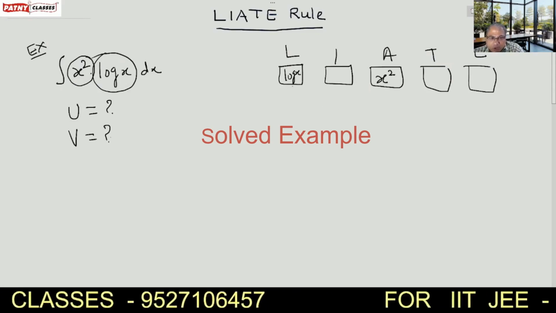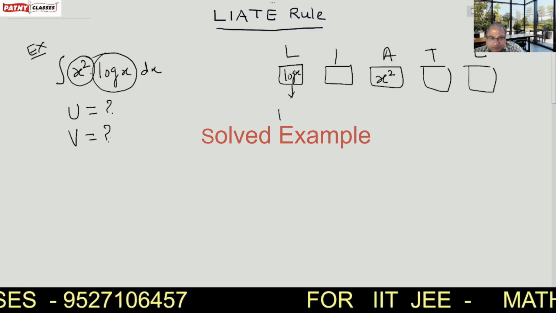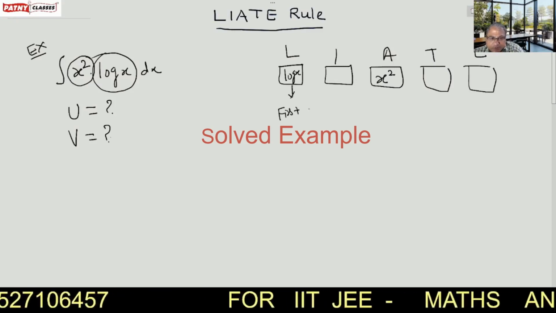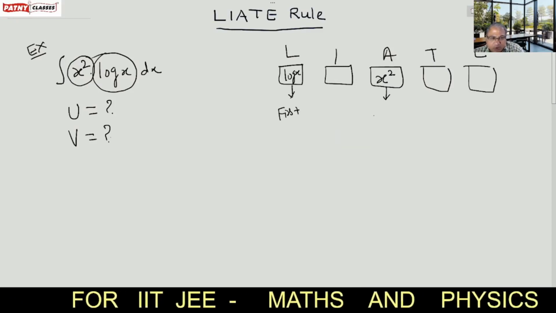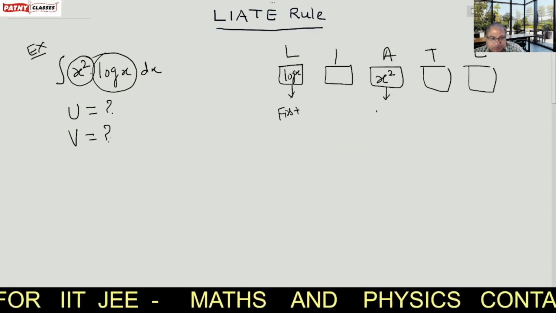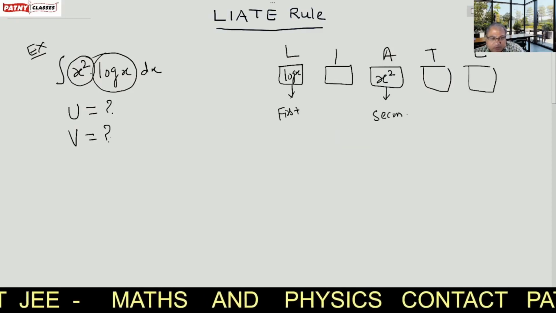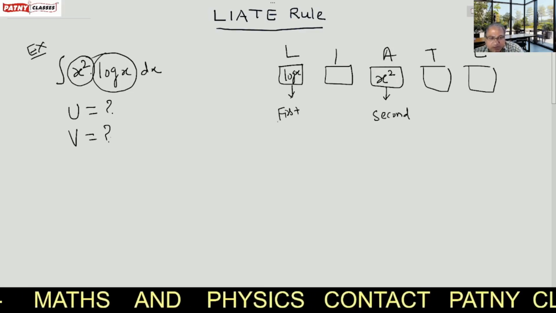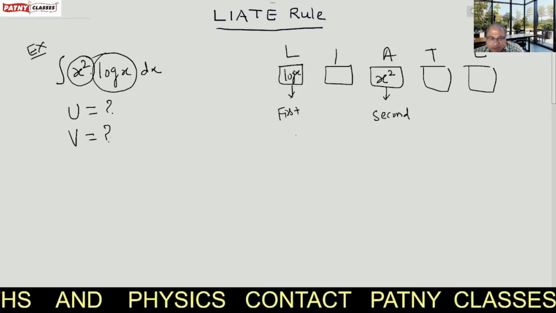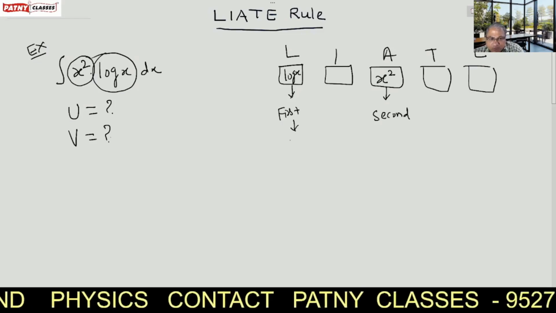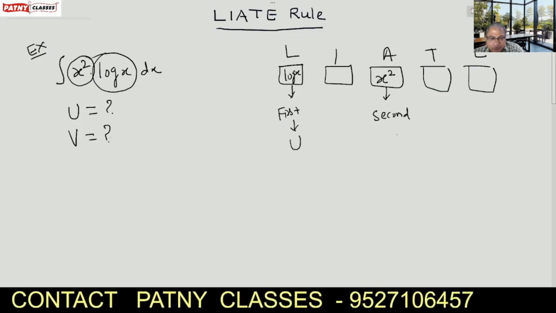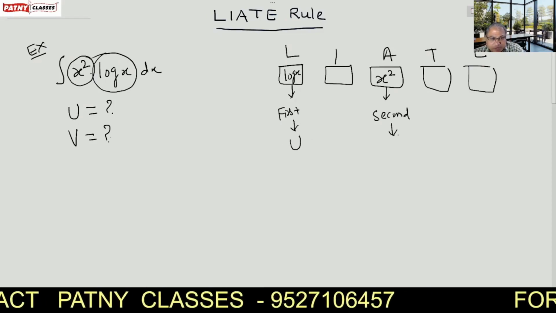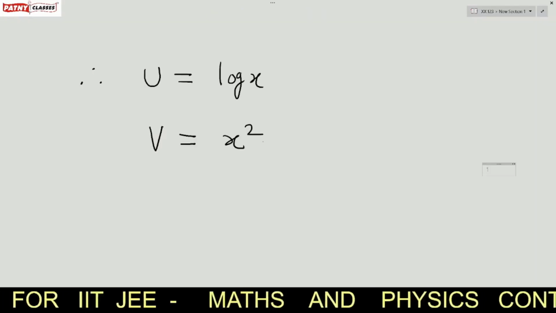Now log x is written first, in the first box, and x square is written in the third box. So first log x is written, after that x square. There are only two functions. The one written first becomes u, and the one written second becomes v.